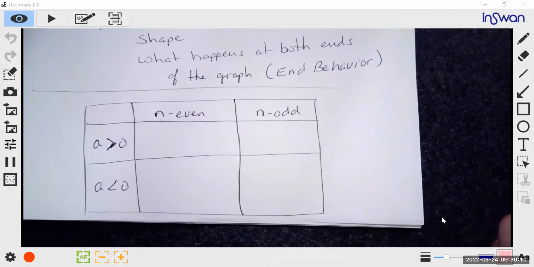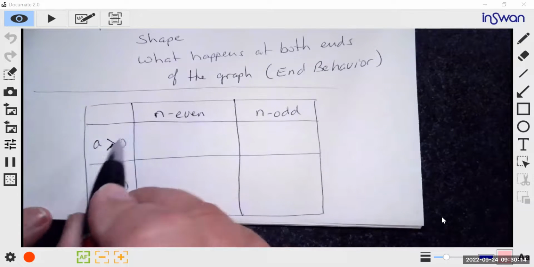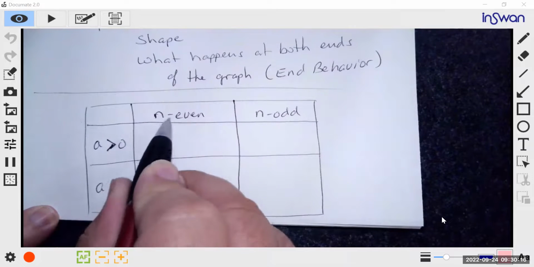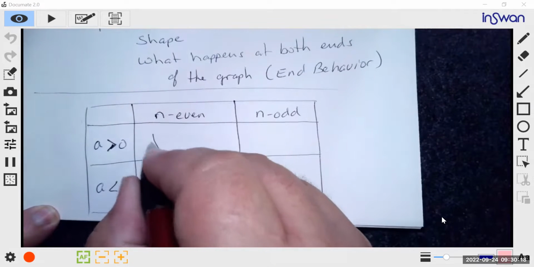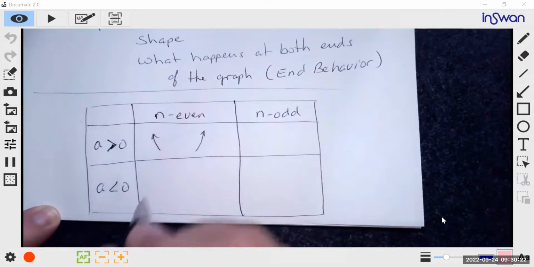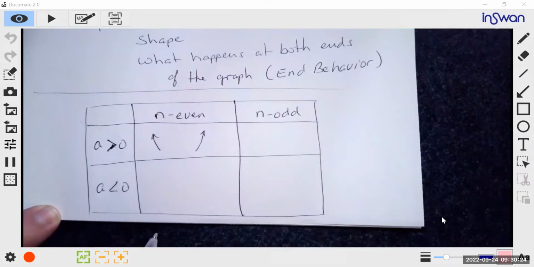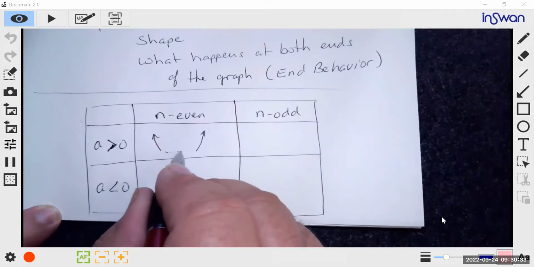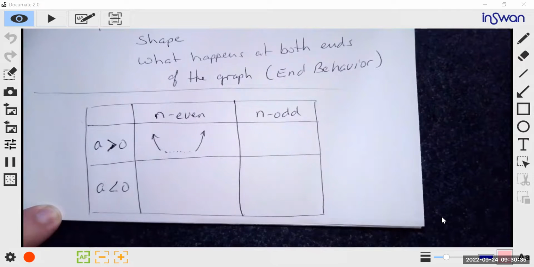We're going to get the end behavior. So if a is positive and n is even, that's telling us that both ends will point up. We don't know what happens in the middle just yet.